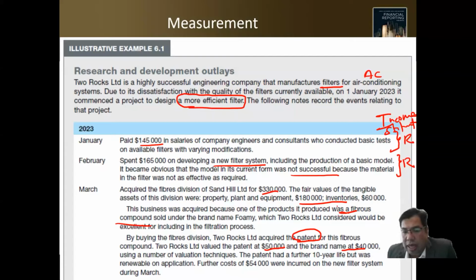The patent has a 10 year life but was renewable on application. Further costs of 50,000 were incurred on the new filter system during March. So you still don't know how to produce the new, more efficient AC filter, but you acquired the patent and trademark worth 50,000 and 40,000. We don't reach the development stage yet.